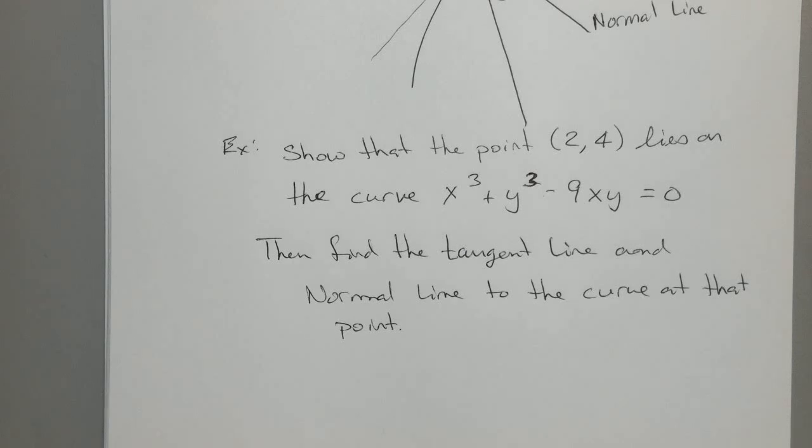What is our normal line to that point? What does the normal line look like? Well, first off, to find the normal line, we have to find the line tangent. The line tangent looks like this, right? So the normal line is perpendicular to it. So we have to find both of those. How do we do that?